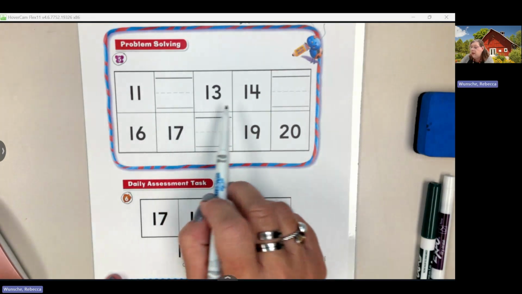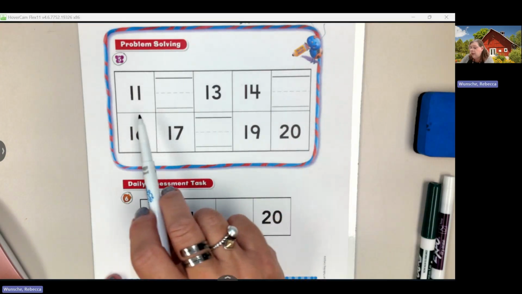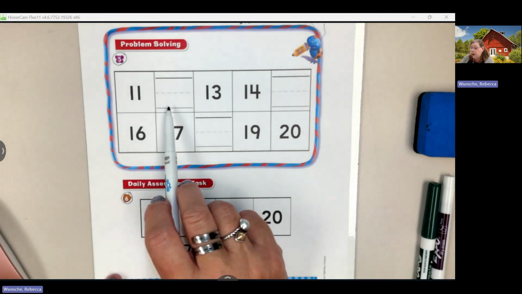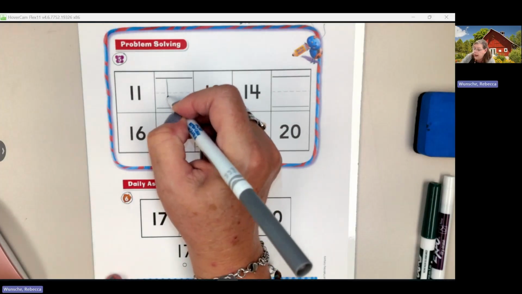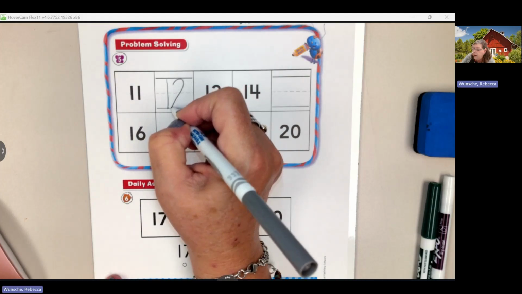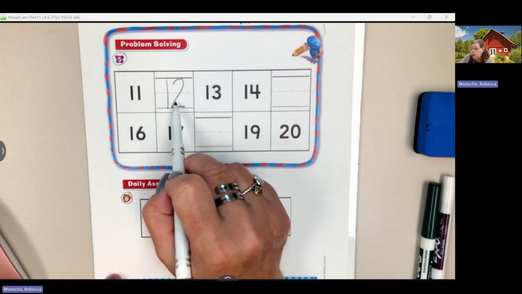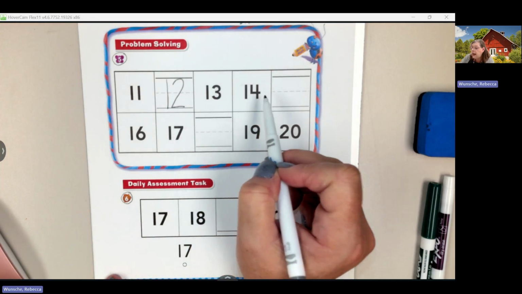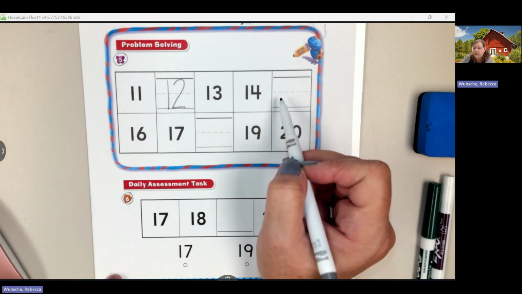So we're going to fill in this row of our hundreds chart. Let's think from 11. 11, next would come 12. We're going to write that number in. 11 and then 12. We're going to keep counting on. 11, 12, 13, 14. Our next number we count on to would be 15.